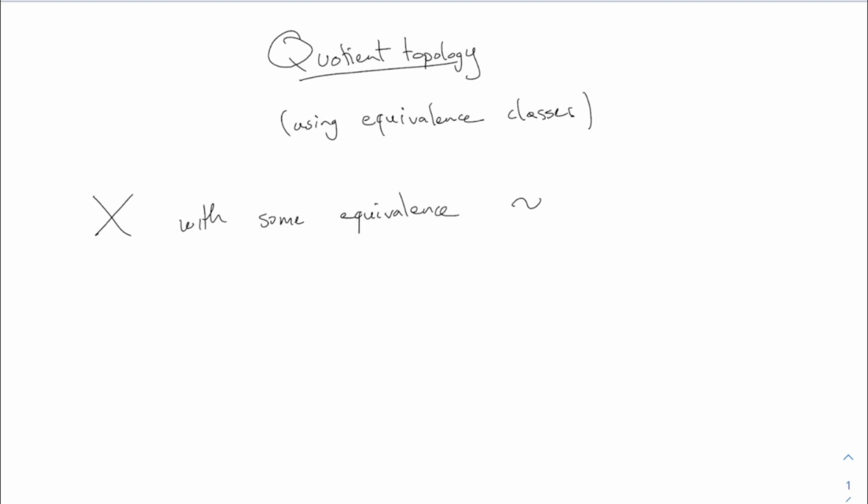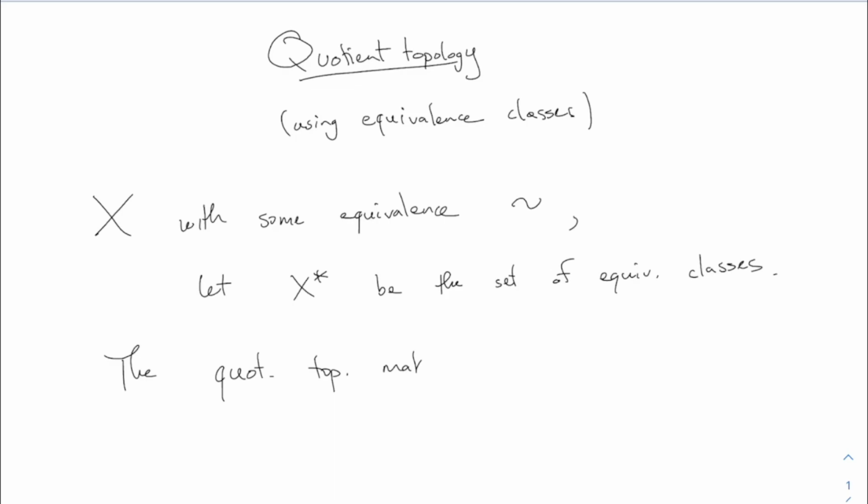Our book writes X star as the set of equivalence classes, and X star becomes a new topological space using the quotient topology.